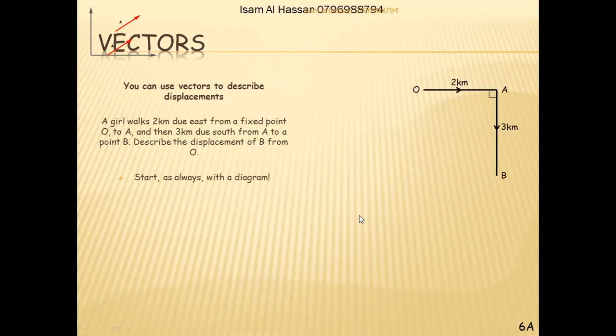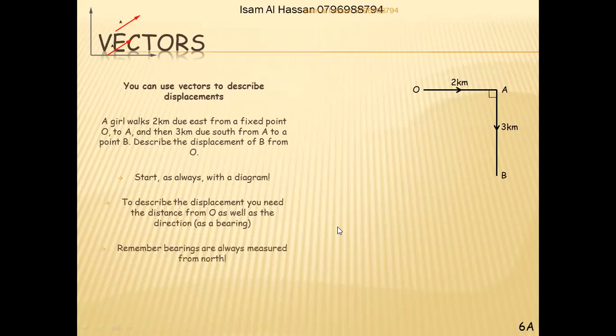She goes from O, walks 2 kilometers due east, meaning strictly to the right, from the fixed point O, then due south in this way. So the displacement. Now, describing the displacement. For the distance, use Pythagoras' theorem to find the hypotenuse: the square root of 2 squared plus 3 squared.